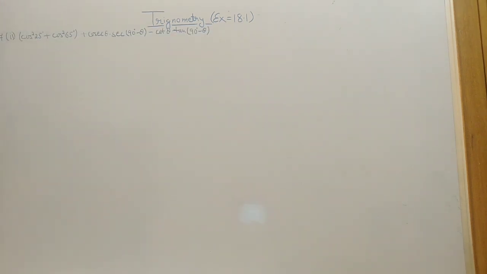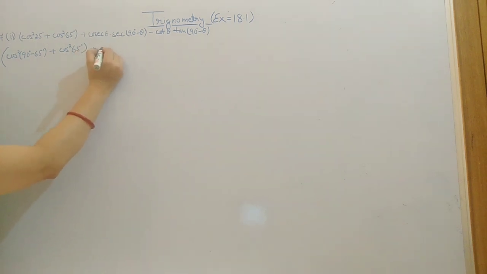Seventh, second part: cos square 25 plus cos square 65 plus cosec theta sec (90 minus theta) minus cot theta tan (90 minus theta). So from this first bracket we will change this first one, cos square (90 minus 65). The second one will be as it is. Always remember any one we have to change.